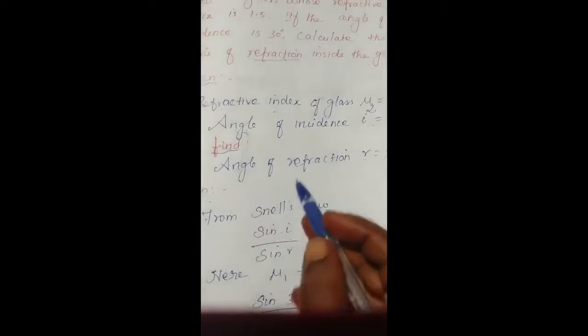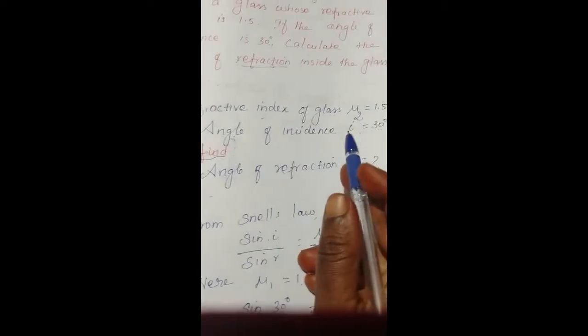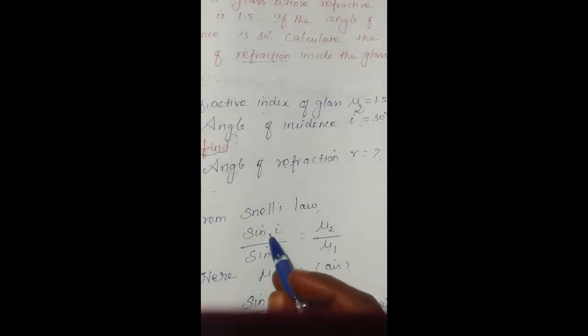Sin i means what do you have to substitute? Sin i, the angle of incidence, that is 30 degree. So in the place of sin i, here you have to substitute sin 30 degree divided by sin r. That value we are going to find is equal to mu 2, the refractive index of glass 1.5, divided by mu 1, the refractive index of air, that is 1.